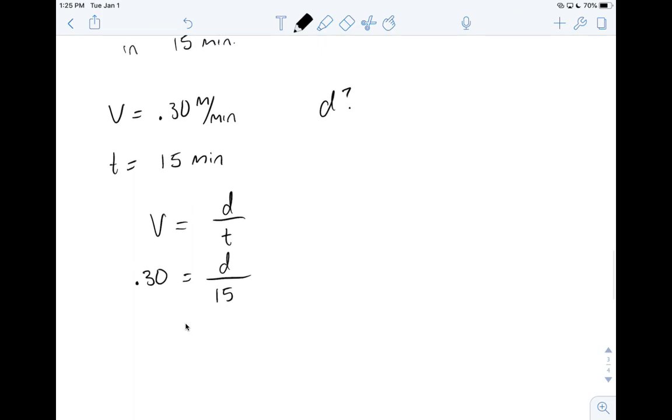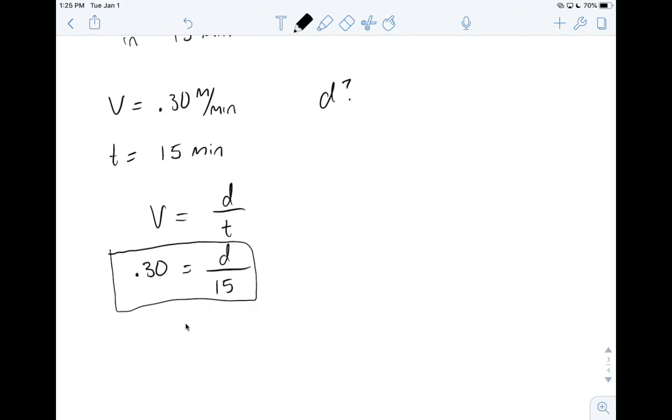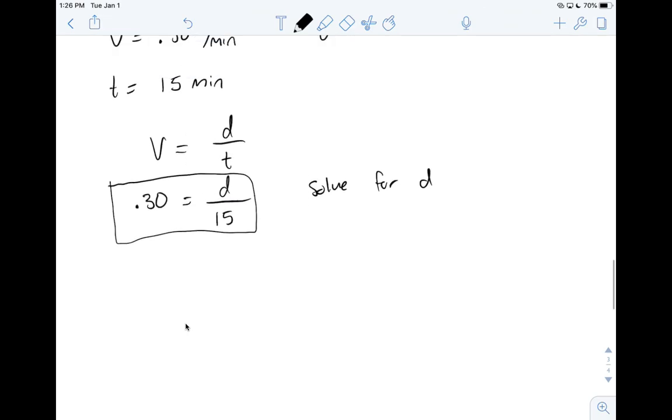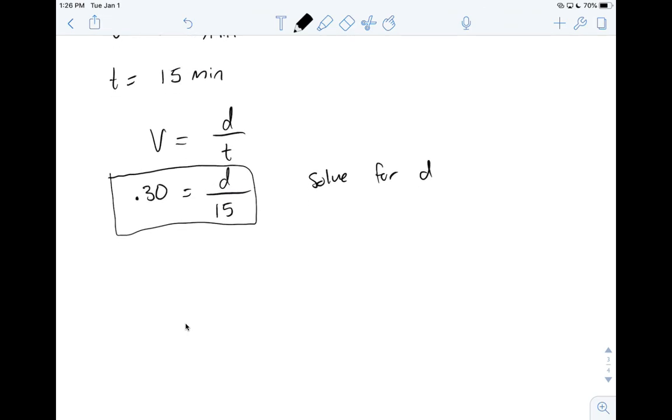Okay, and so this is like a problem that I'm sure you have done in your math class. Solve for the unknown value, right? Solve for d. If this doesn't look familiar enough to you, then replace that unknown value with x. So let's say 0.30 equals x over 15. And then solve for your unknown.